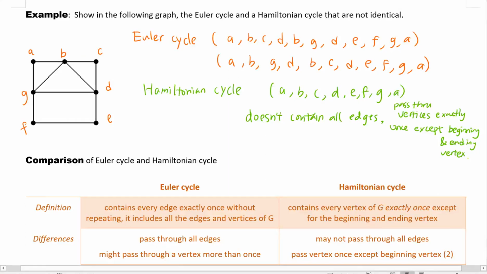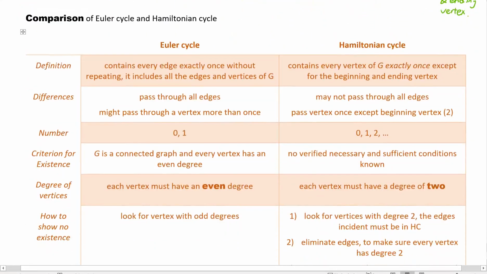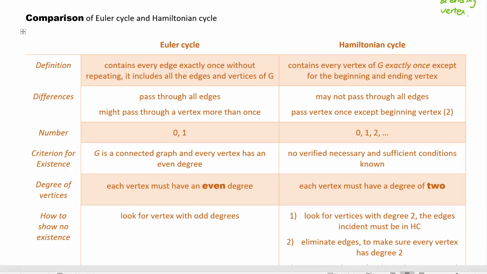Okay, let's continue. So here, I make a comparison for you about the Euler cycle and Hamiltonian cycles. So let's go through it. Isn't it nice? Okay, let's look. For Euler cycle, definition: an Euler cycle contains every edge exactly once without repeating.